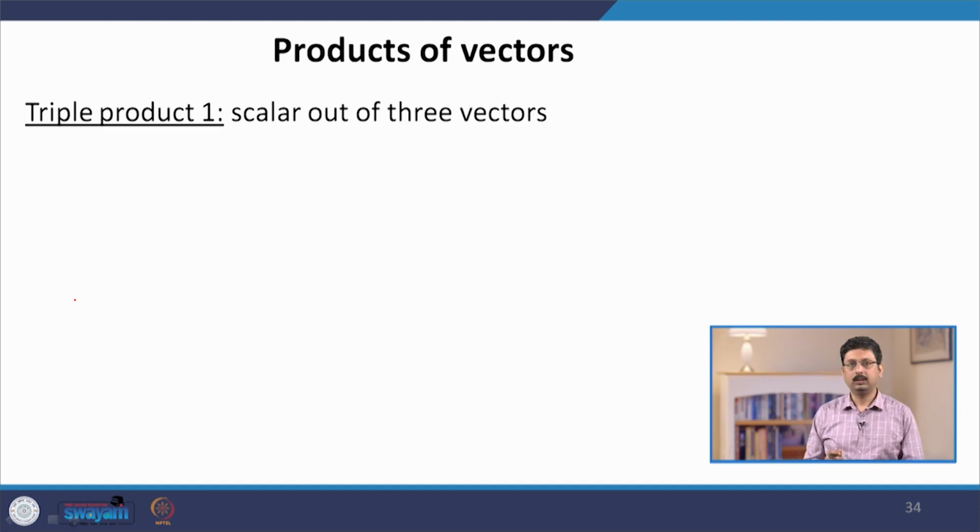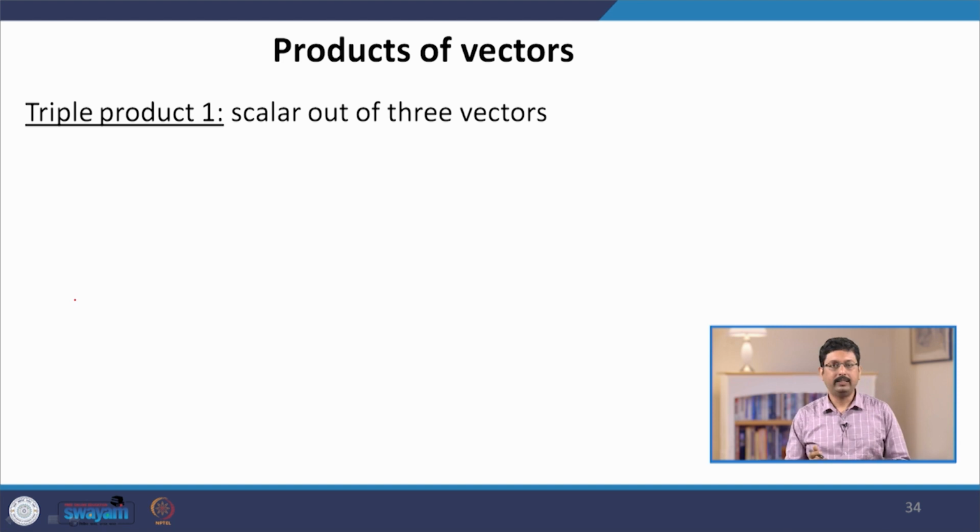Now I am going to cover two more products. These are products when you have 3 vectors instead of 2. How can you combine 3 vectors, and what will be the result? Will it be a number or scalar, or will it be a vector?